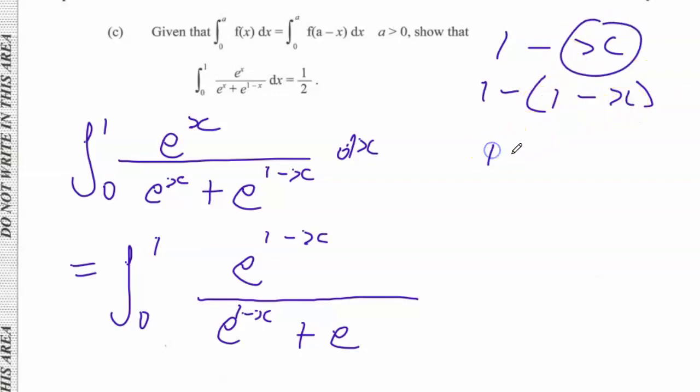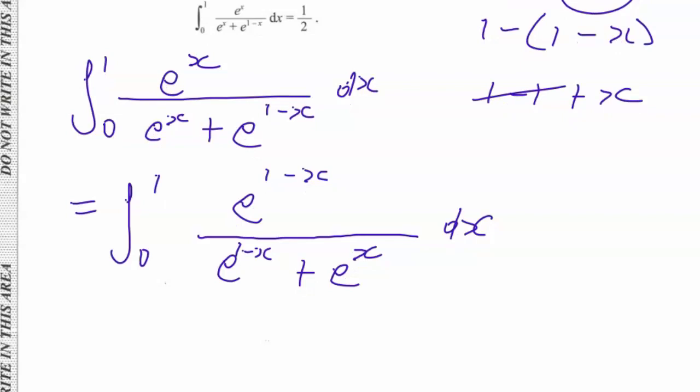So we get 1 minus 1 plus x. So let's cancel. So this is just x, dx. Alright. What else can we do?